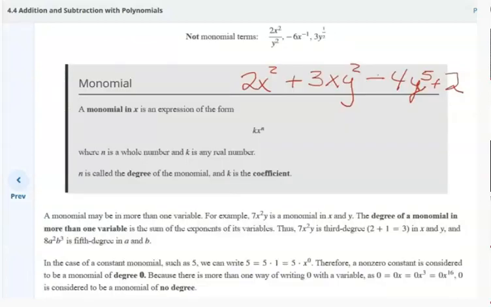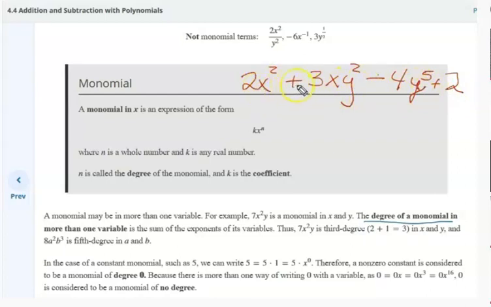Now, as we continue our vocabulary here, you might say, how many terms are here? Well, 1, 2, 3, 4. Now we think of a degree of a monomial or of a term as the exponent on the variable, and it's actually the sum of the exponents on the variables.